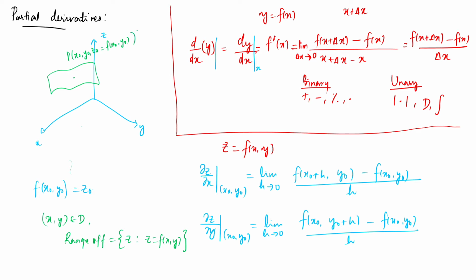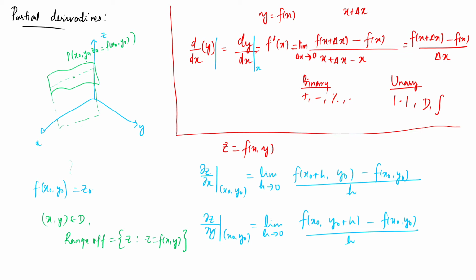Partial derivative with respect to x means along this point you are able to identify a vertical plane which cuts the surface at this point.